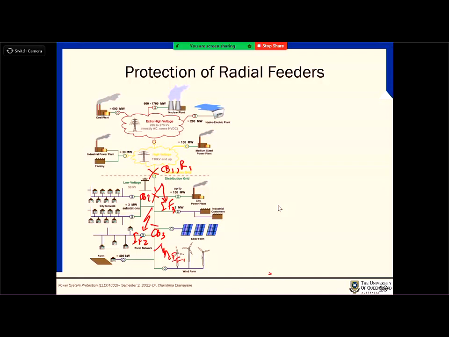The purpose of putting these breakers is, if there is a fault in this section, then this circuit breaker will disconnect the line, but still the other customers in this feeder are supplied. So the number of customers that you lose is smaller.